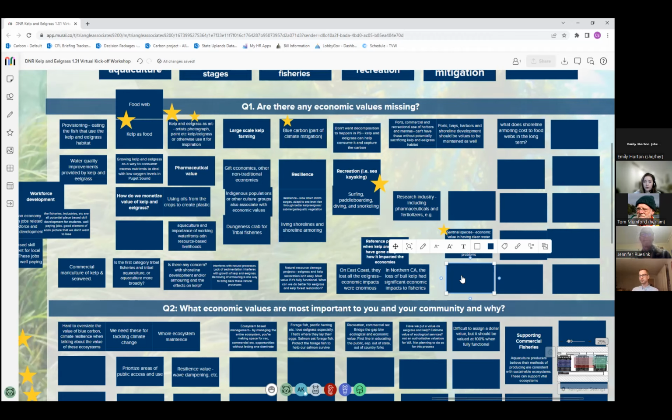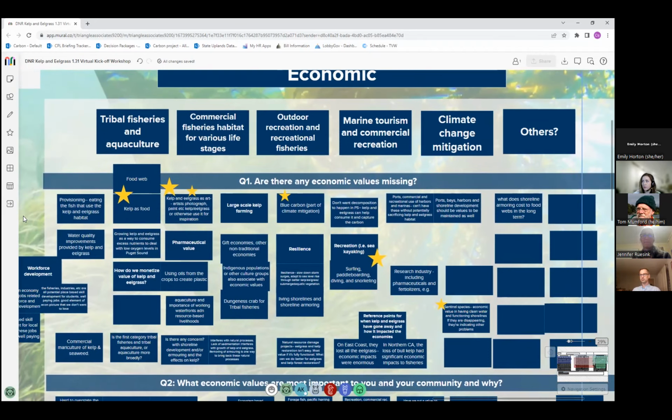All right, so for folks that are new, welcome to the space. We're talking about economic values, which you can see up top, including tribal fisheries, aquaculture, commercial fisheries habitat, outdoor recreational fisheries, marine tourism, commercial recreation, climate change mitigation, and so many others now that we've got listed on this great mural.